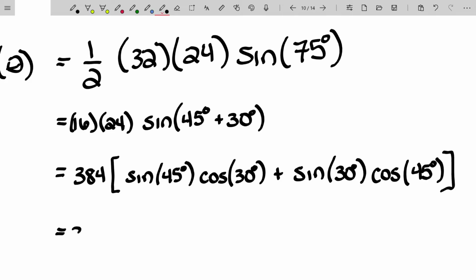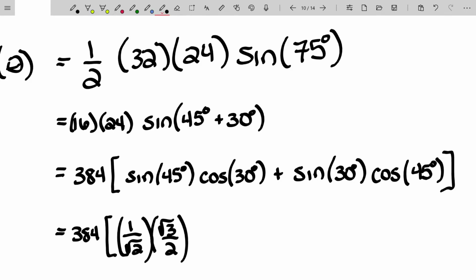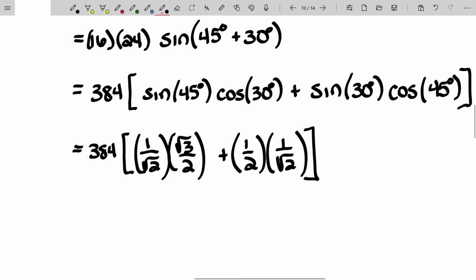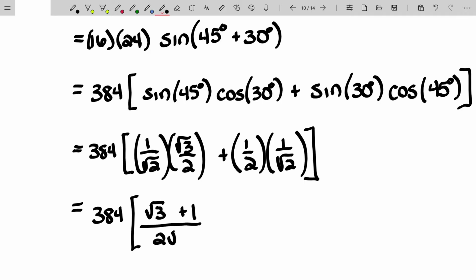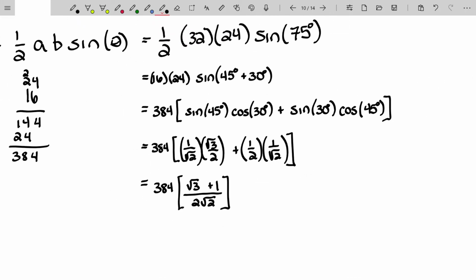So this is going to be 384 times 1 over root 2 and times root 3 over 2 plus 1/2 times 1 over root 2. And that'll be 384 times root 3 plus 1 over 2 root 2. That's pretty good. That's the area by hand.